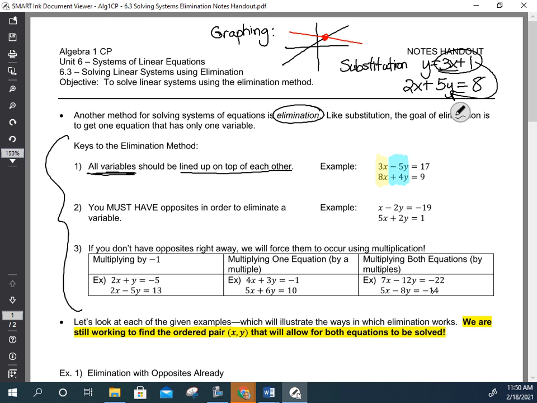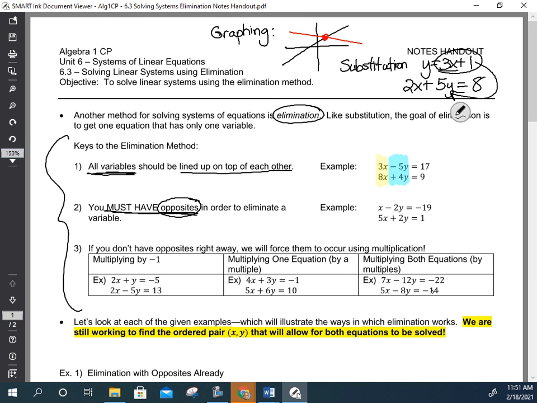Second thing, you must have opposites in order to eliminate a variable. What does it mean for two numbers to be opposites of each other? There you go.